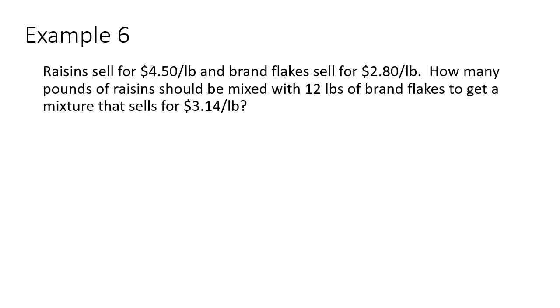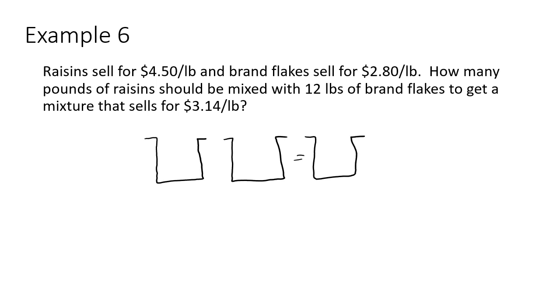All right, so let's see what we got. This time, we're taking raisins, we're adding bran flakes to end up with a mix of the two. Let's start with just the amount that we're dealing with, the quantity.